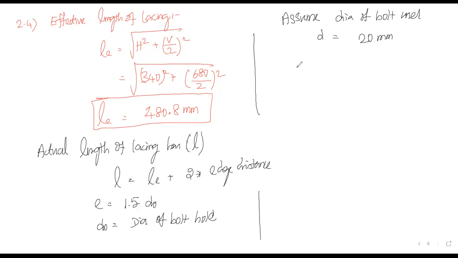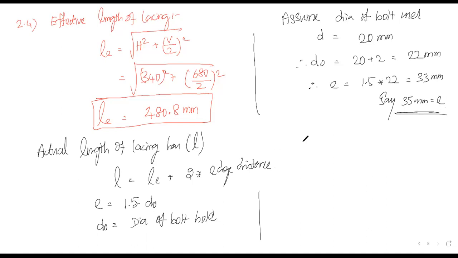Therefore, dia of bolt hole D naught is equal to 20 plus 2 is equal to 22 mm. Therefore, edge distance E is equal to 1.5 into 22 becomes 33 mm. Say 35 mm is equal to E.